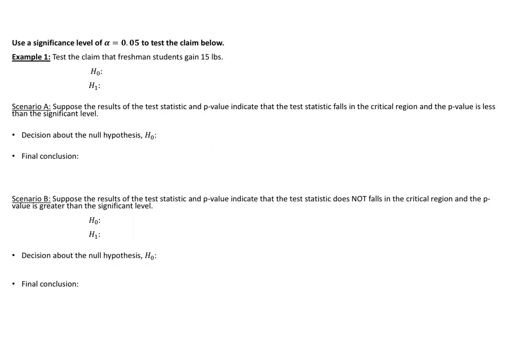Let's take a look at how we would word the final conclusion if we were doing a hypothesis test where our significance level is 5% or 0.05, and we are testing a claim about a mean value, where that mean value represents the average weight gain. I'm talking about freshman students living on campus.